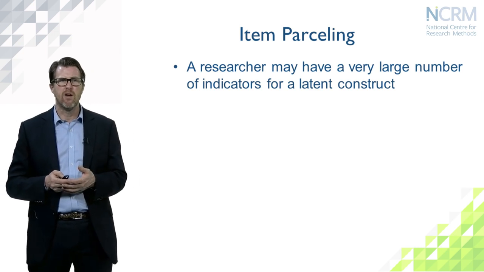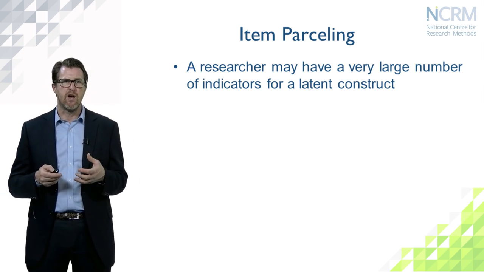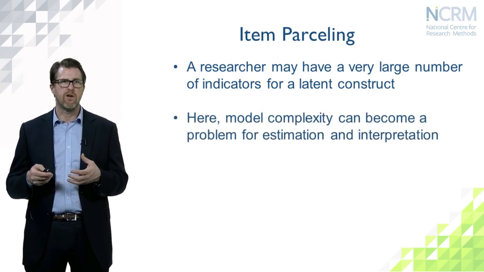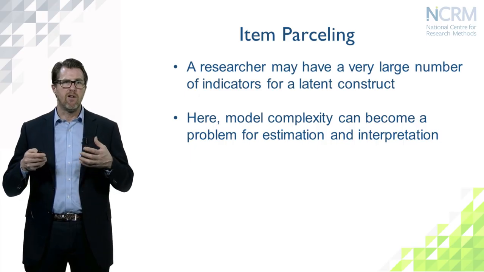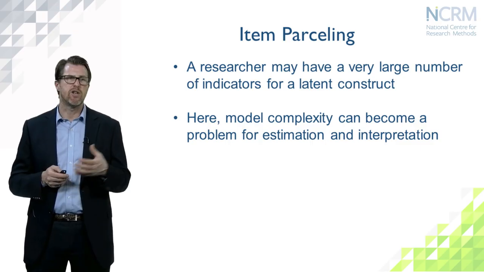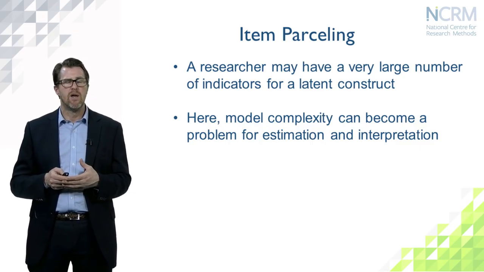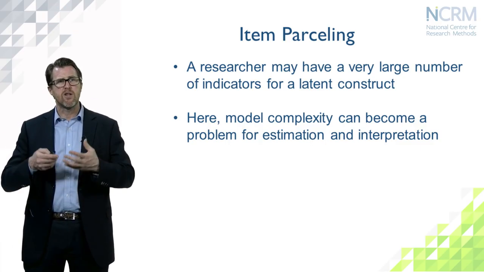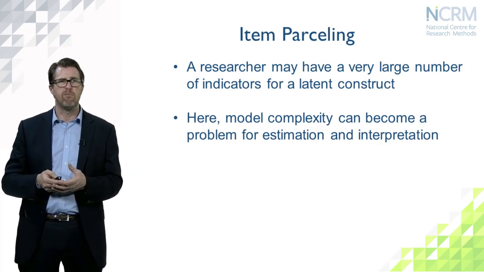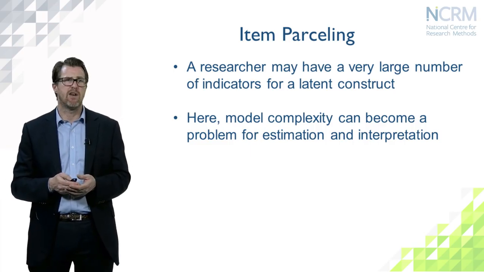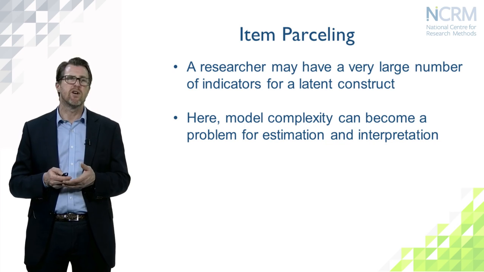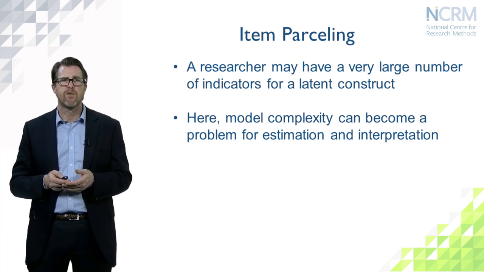One of the problems that researchers run into with this kind of data is that the model can become extremely complex very quickly. And there are lots of difficulties that people can run into with estimation and interpretation and so on, simply because there are so many relationships in the observed data, because there are such a large number of indicators and latent variables. And this is often combined with sometimes quite small sample sizes, which can add to this problem.